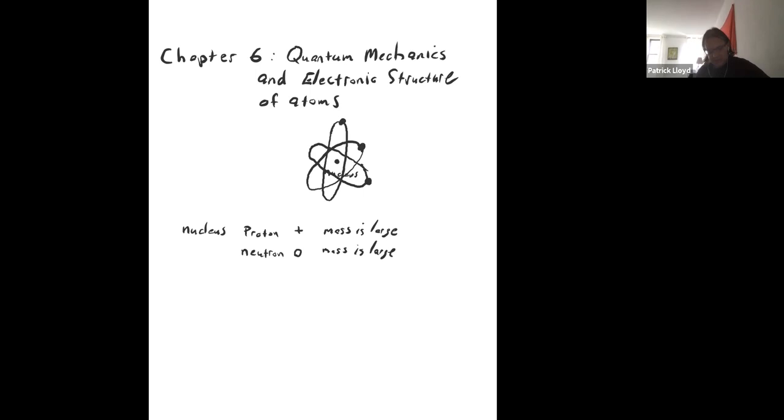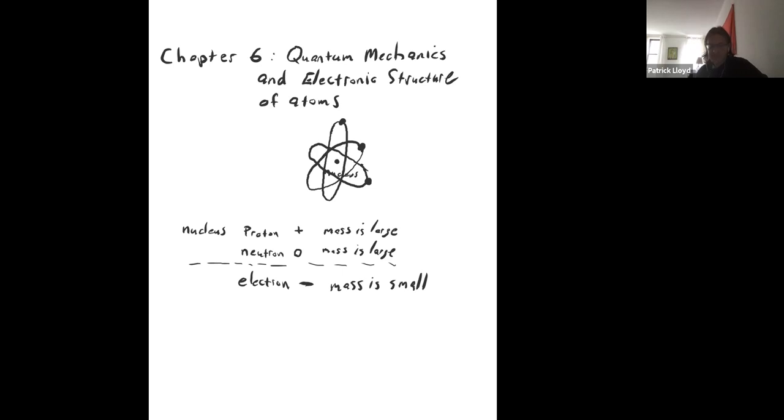And the electron is outside the nucleus. So these are called electrons. And it has a negative charge. And the mass is small. And we know this from experiment. There's experiments you can do to show the electron is very light relative to the proton.